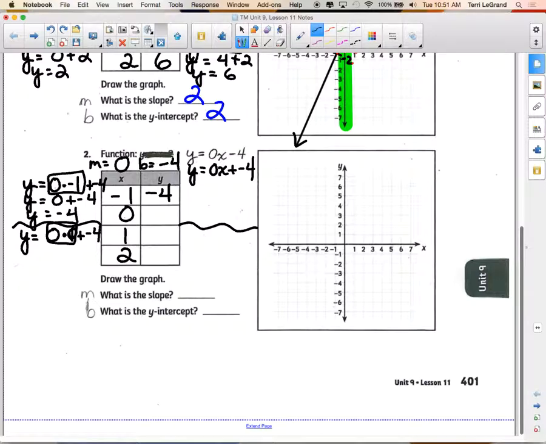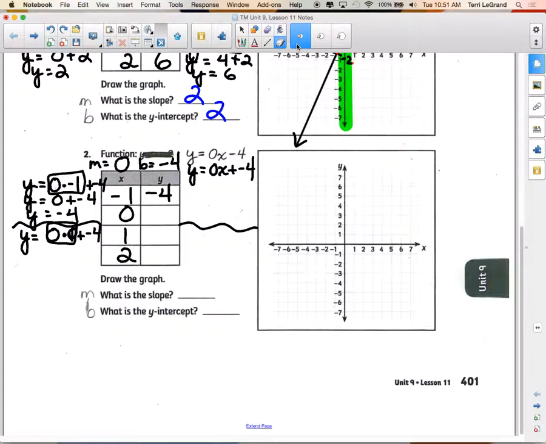So I just changed this, I made this a 0 here instead of a 1. What's 0 times 0? 0. What's 0 plus negative 4? Negative 4. Seems to be a pattern happening here.